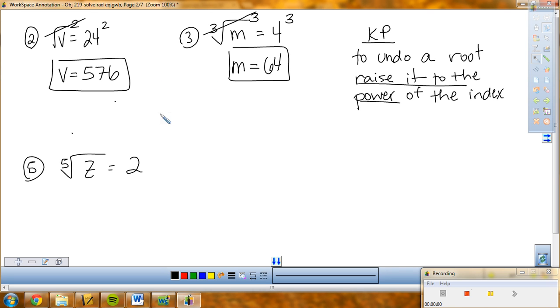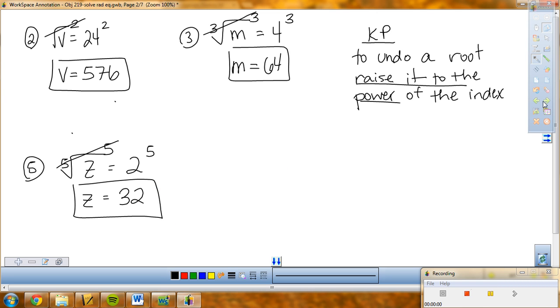And you could do this with any power, even the 5th power. So if I have the 5th root of z, I'm going to raise it to that index power. So the 5th root to the 5th power is an inverse operation, and what I do on one side, I must do on the other, which leaves my variable isolated by itself, and 2 to the 5th power is 32.